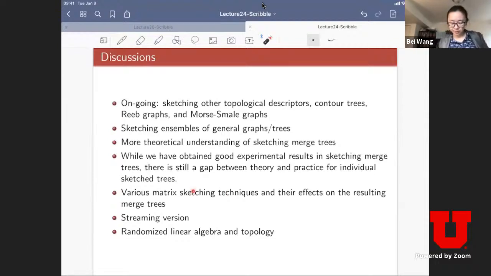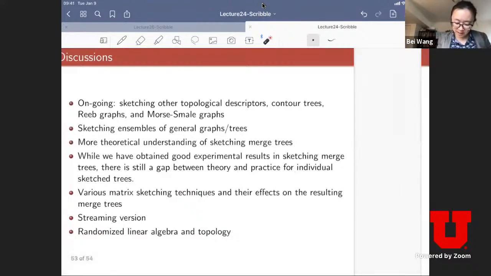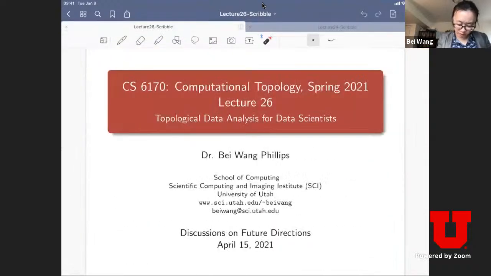There are also various matrix sketching techniques that we just choose a few from the library, and each of the sketching techniques will have different practical results, right? But still, this is a very interesting application that, on a high level, combines randomized linear algebra, which is matrix sketching, with the study of topology. Okay. All right. So that's that for the first part of today's lecture.